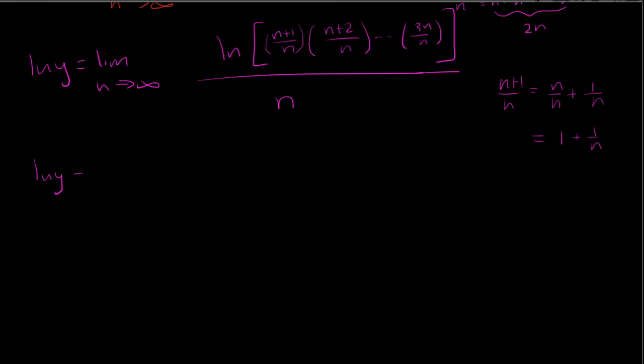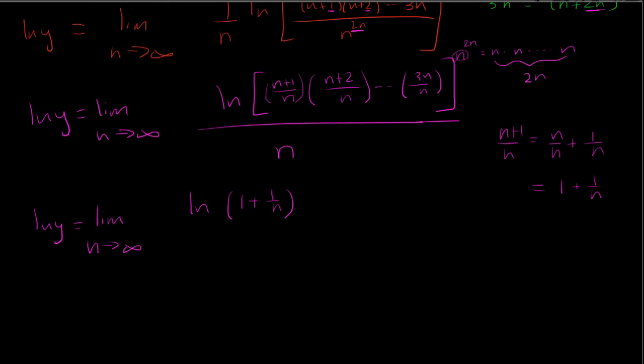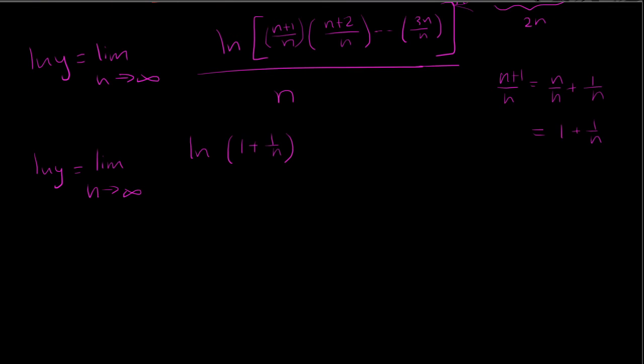So I have ln of y equal to the limit as n approaches infinity of ln of 1 plus 1 over n. And by the way, I should bring this exponent out in front. Oh no, that's not an exponent. Never mind. Okay, we're good. So times 1 plus 2 over n, all the way up to, in this case, 3.